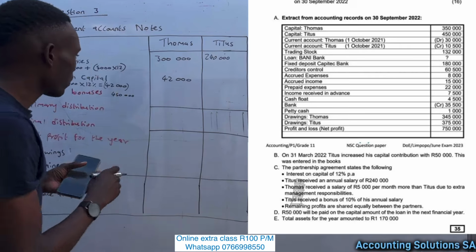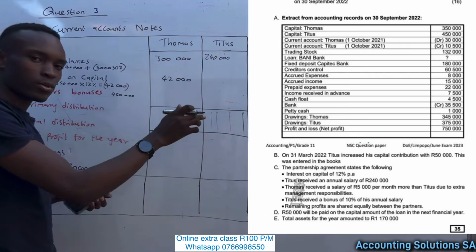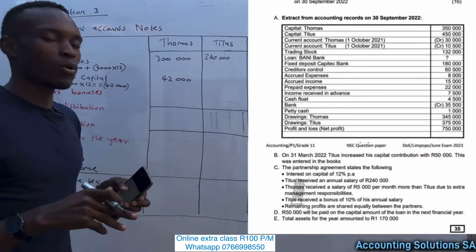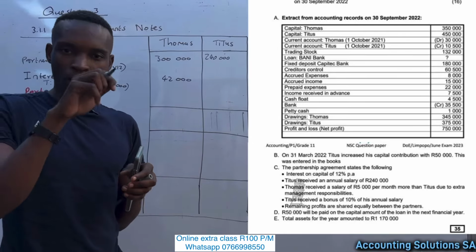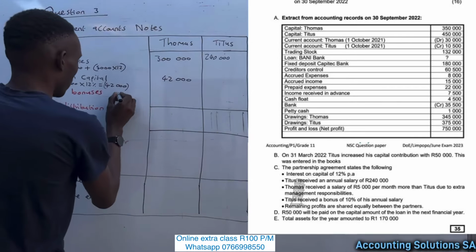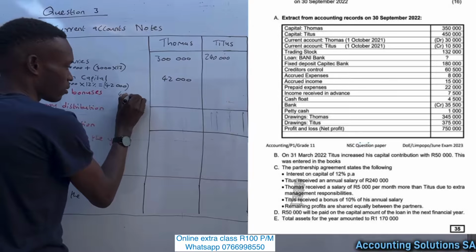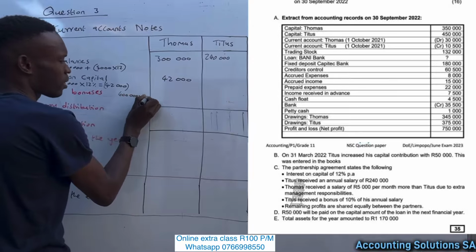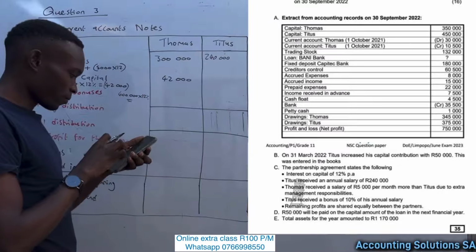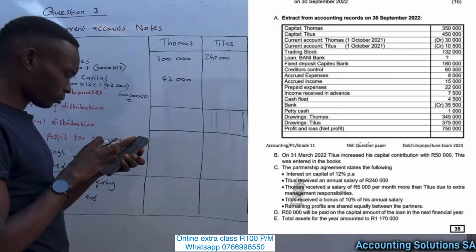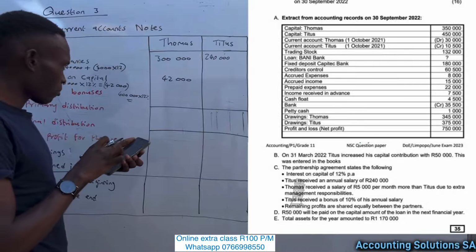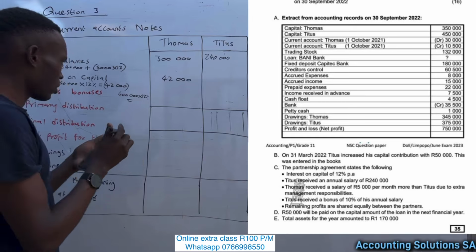You have to calculate 400,000 separately and 50,000 separately, because the other 50,000 was increased during the year, which means that we have to count the months. We are going to say 400,000, the first one, before the increase, multiplied by 12 months. This one is 12 over 12 for the whole year. 400,000 multiplied by 12%.